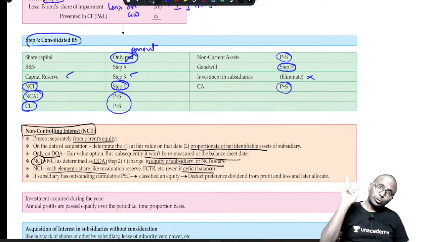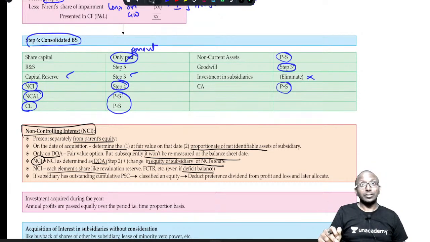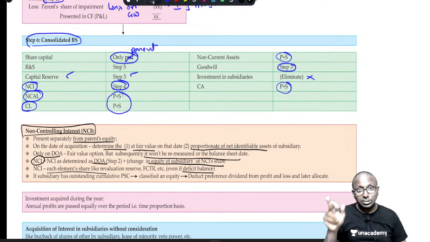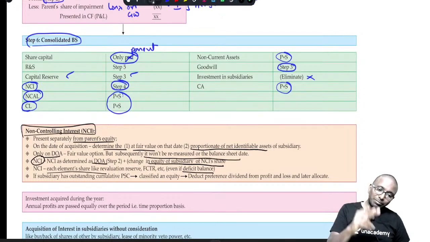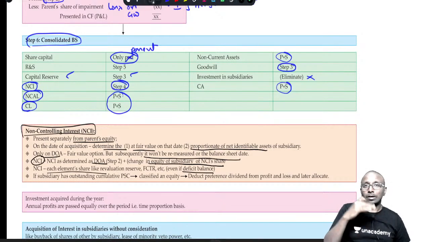With respect to Ind AS 28, investment in an associate or joint venture can become 0 but not negative. But here NCI can be negative. That is the small difference between Ind AS 28 and Ind AS 110.